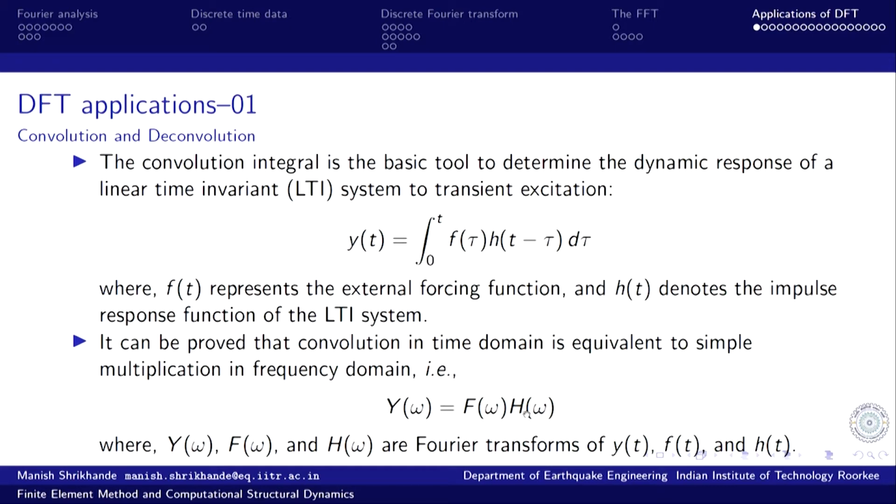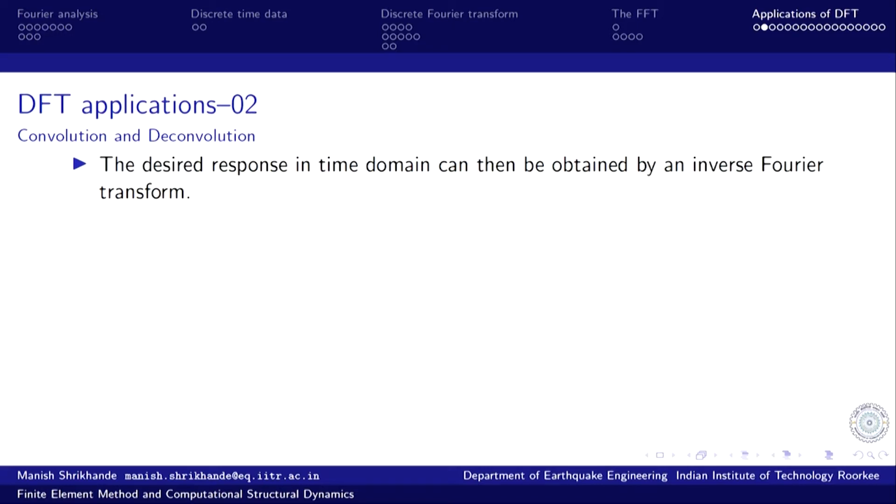So, h omega is known as the frequency response function, the Fourier transform pair of the unit impulse response function, and f t and f omega form the Fourier transform pair of the excitation and its corresponding transform. The desired response in time domain can be obtained by inverse Fourier transform of y omega.